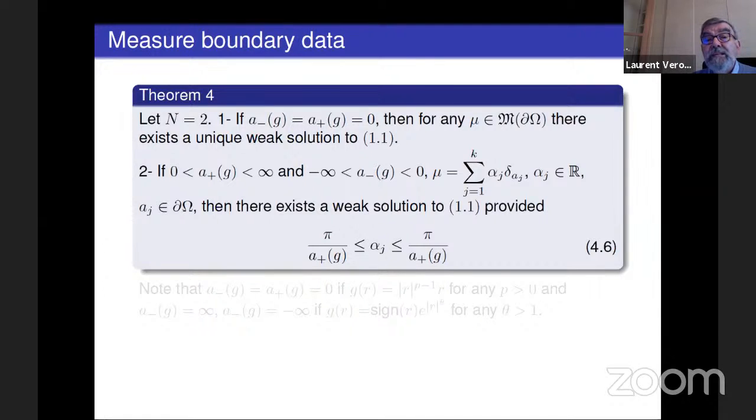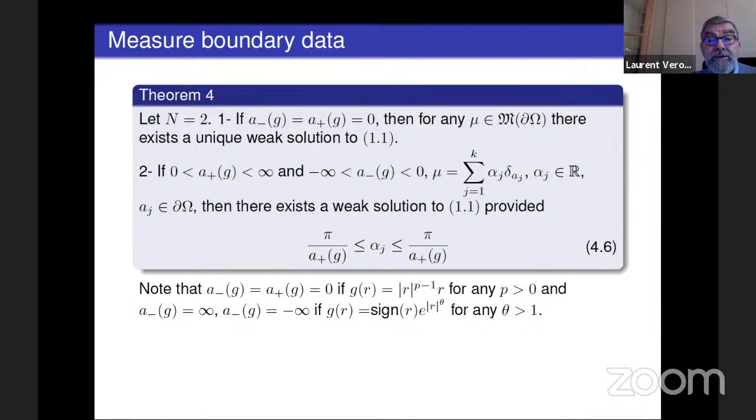And actually, the only important fact is that the Dirac mass is between pi over a minus of g and pi over a plus of g. So it's possible that it can be extended to this equation, but there is a lot of work to do because it's not simple.